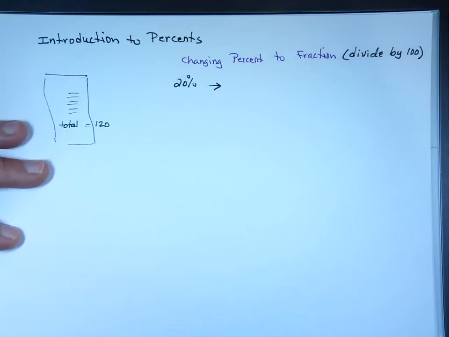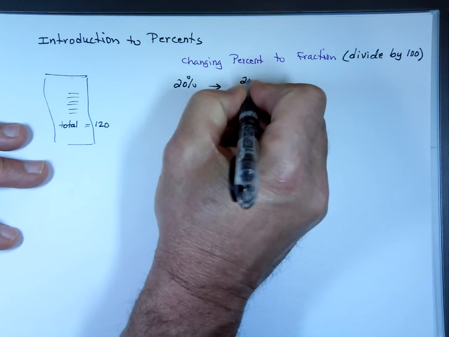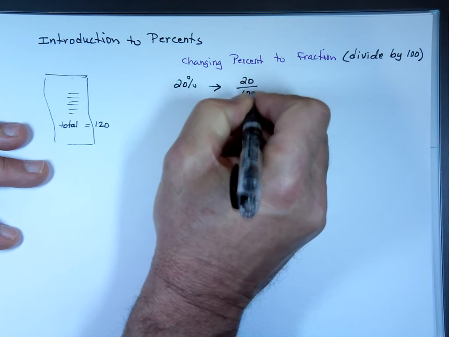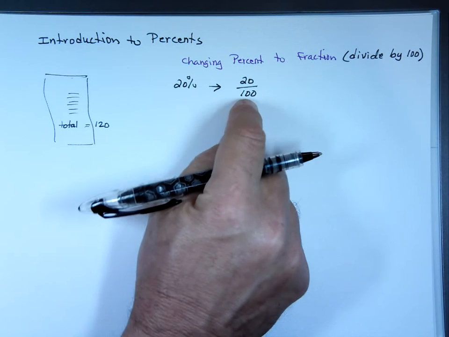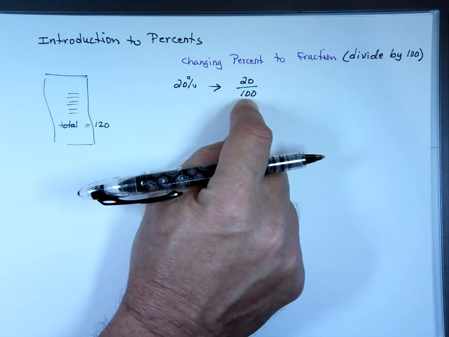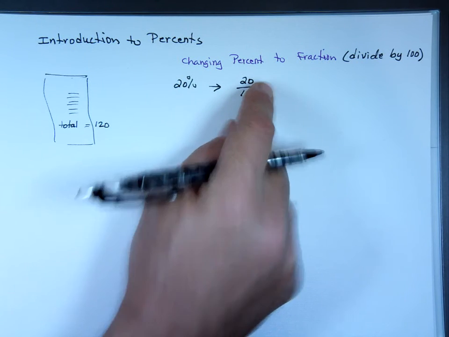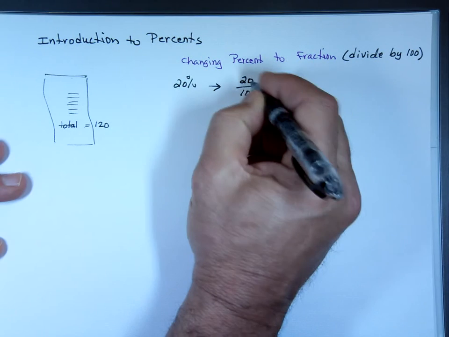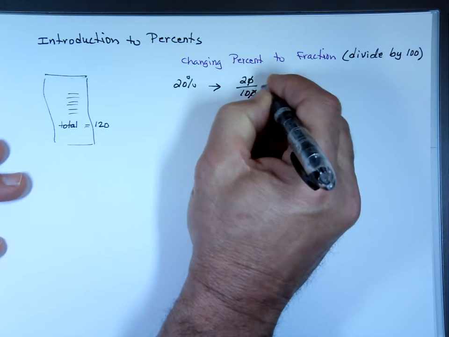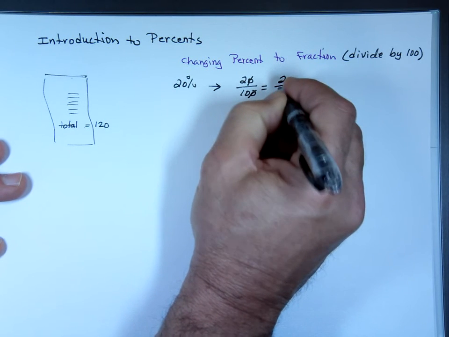That's how we do it. We divide by 100. So that becomes what? 20 over 100 as a ratio, which means what? If your bill is $100, you leave how much tip? 20. If you want to simplify that, notice I can divide by 10, and that will make it 2 over 10.